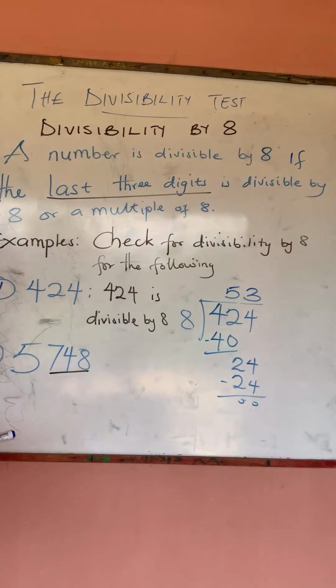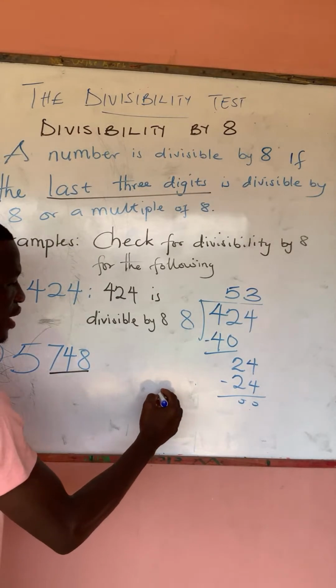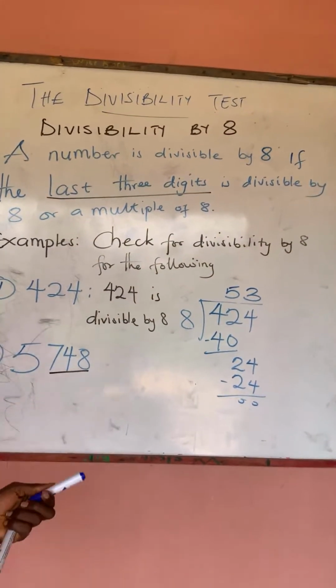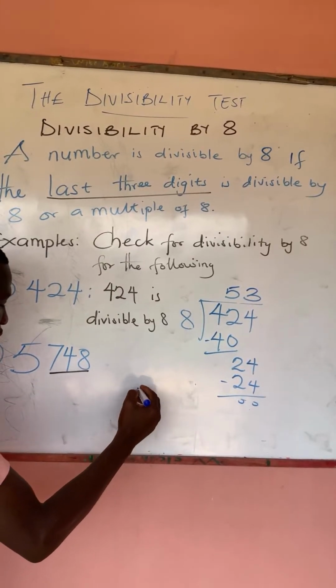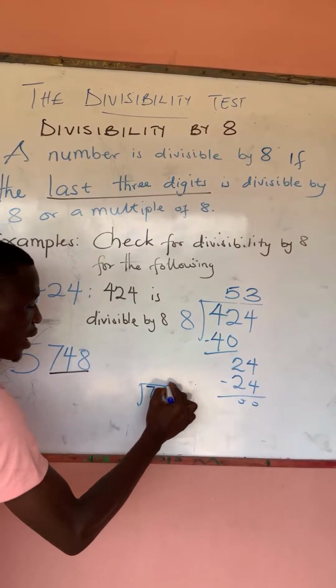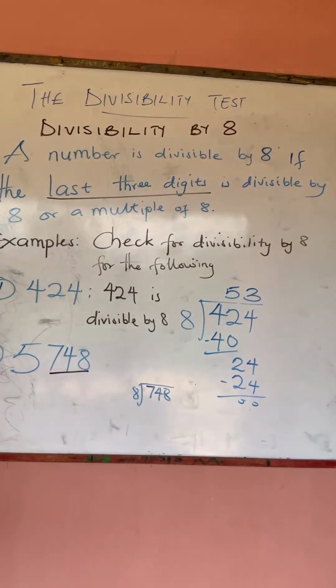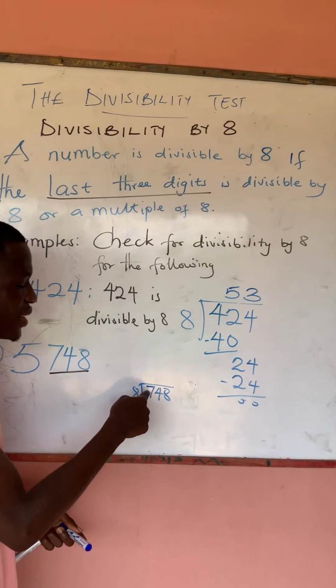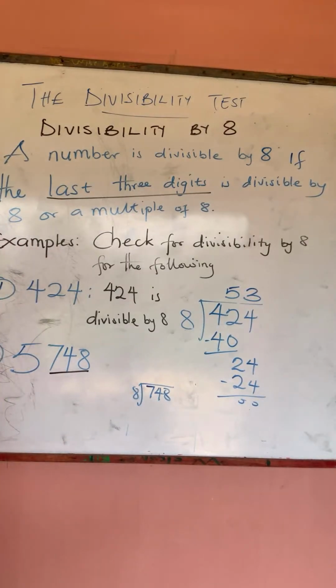So we will check for 8 dividing 748. Alright. So let's use our long division method again, so we can compare the steps. So we get 748 divided by 8. Now, how many times will 8 divide 7? 8 is greater than 7, so 8 cannot divide 7.